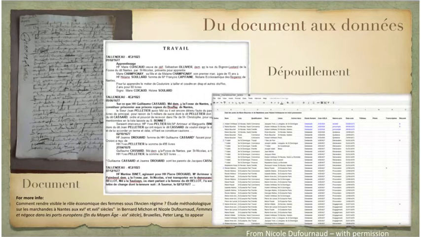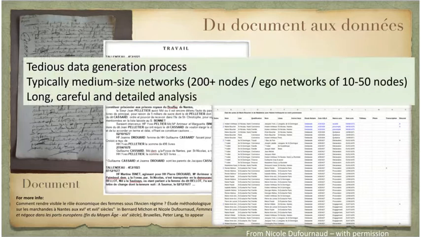And usually what they do is they work with raw documents mentioning people. So they have access to a corpus of documents that they study over a long time, and they try to analyze how several people behave across these documents.